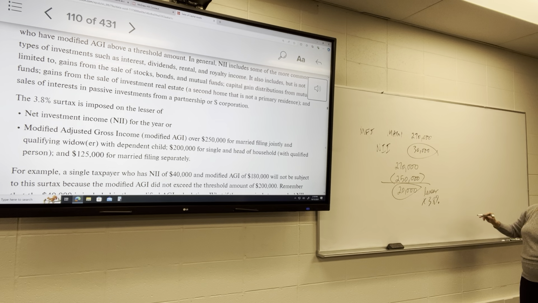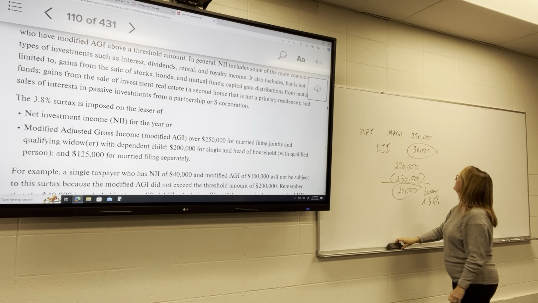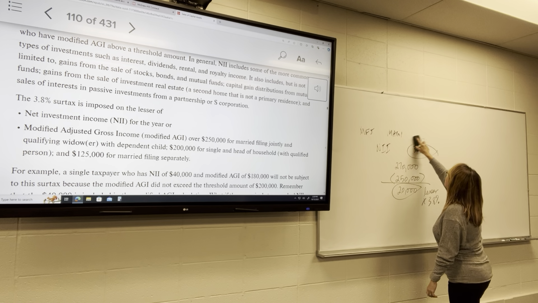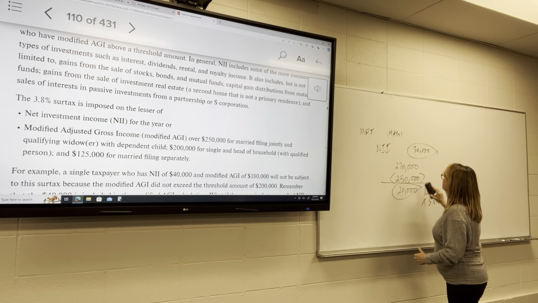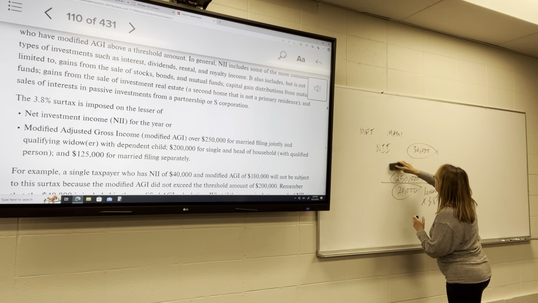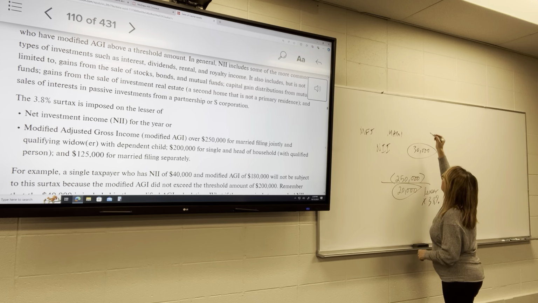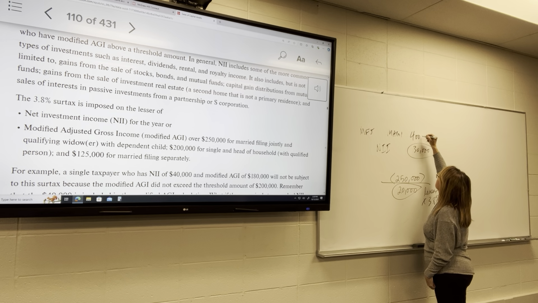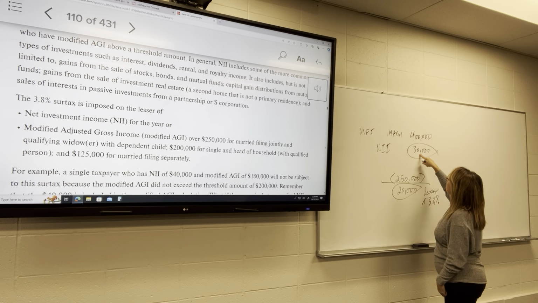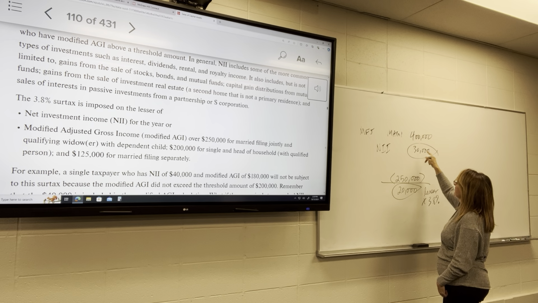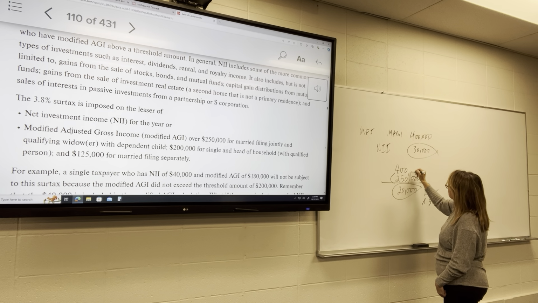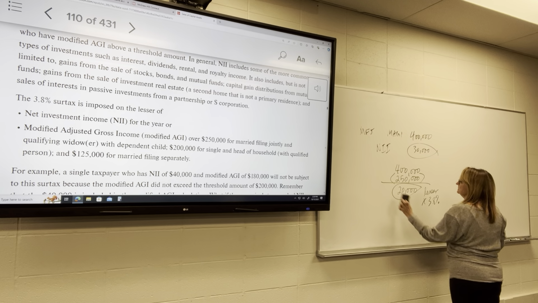Okay, so you compare those two. So let's use a different number. Let's use 400,000. 300,000 of it is net investment income. So 400,000 minus the 250.